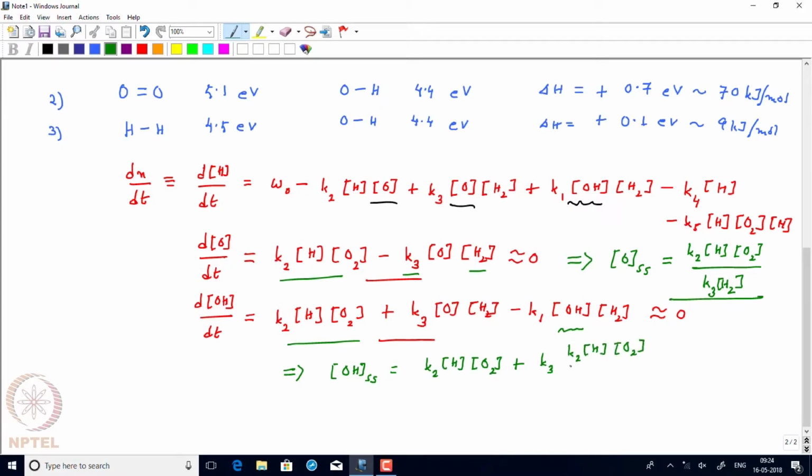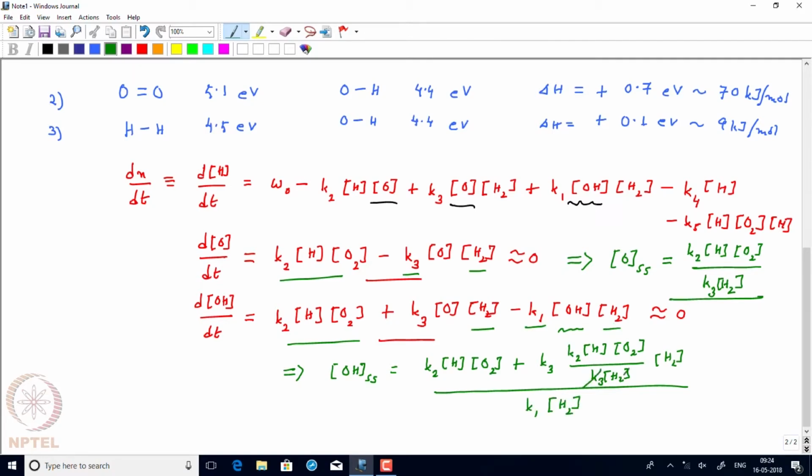K2HO2 divided by K3H2, and then I have H2 also here, so we'll have H2, and then divided by K1 into H2. There will be a minus sign here, but this is 0, so there will be no minus sign. So what do we see here?